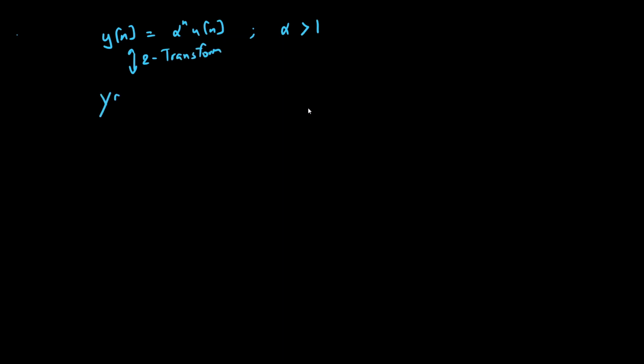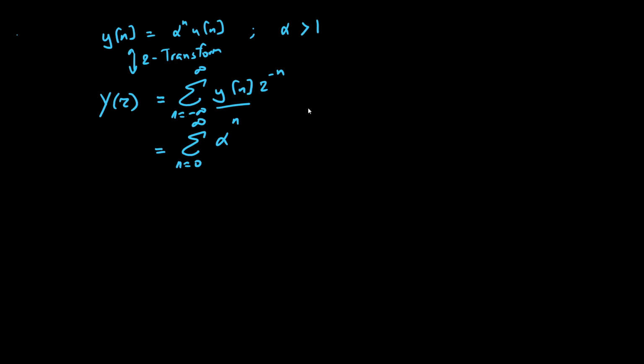That is, we would have y of z, which is equivalent to the summation n from minus infinity to infinity of y of n z to the minus n, where we can plug in the value of y of n, and we would have alpha to the n, and u of n would make the lower limit equal to 0.